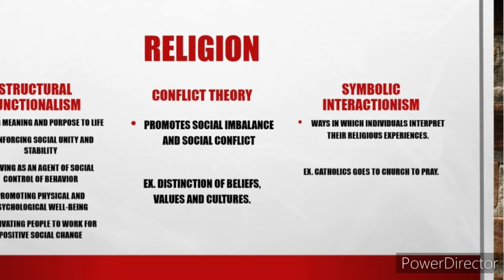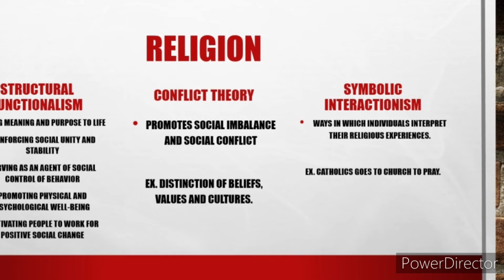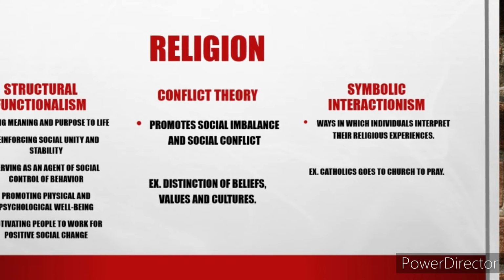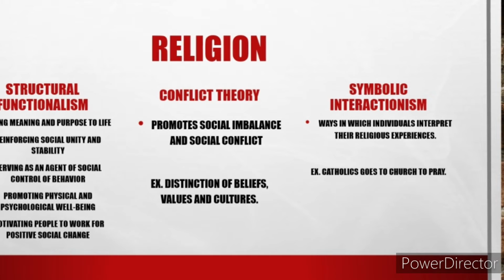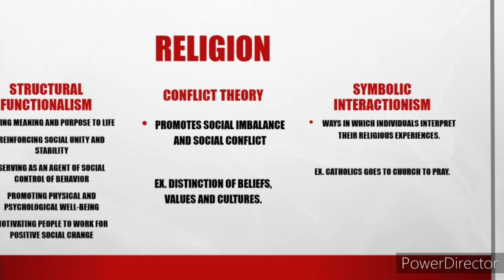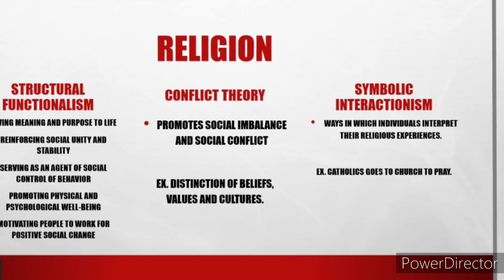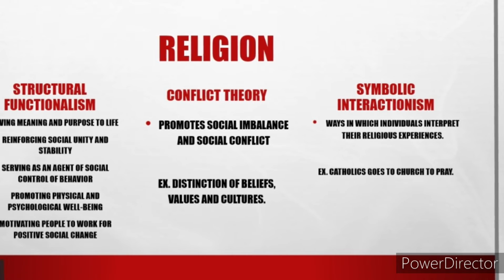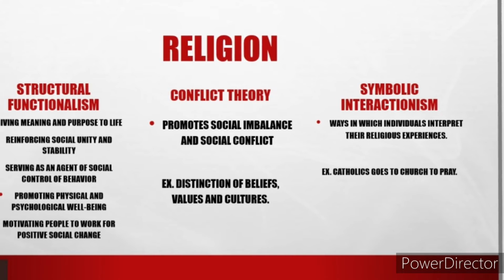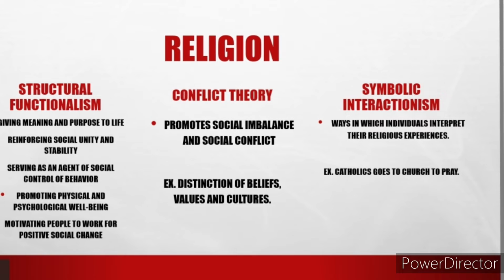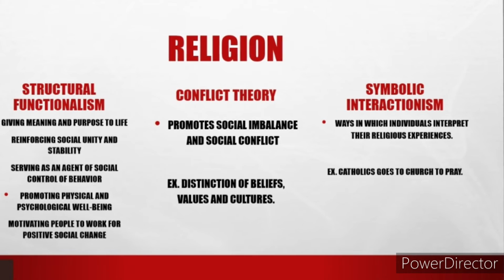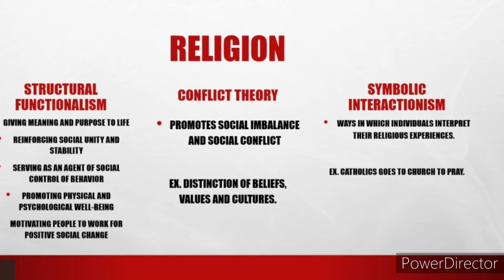Next is religion. Religion is a personal set or institutionalized system of religious attitudes, beliefs, and practices. In the structural functionalism of religion, it gives meaning and purpose to life, reinforces social unity and stability, serves as an agent of social control of behavior, promotes physical and psychological well-being, and motivates people to work for positive social change.